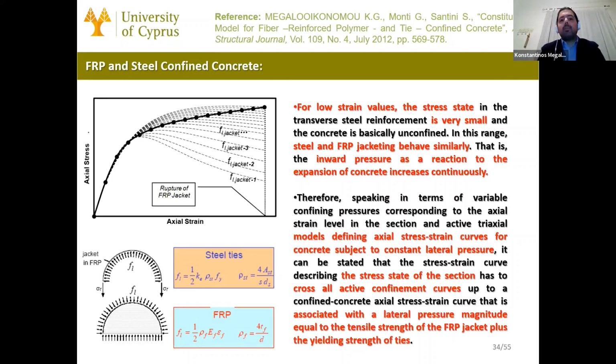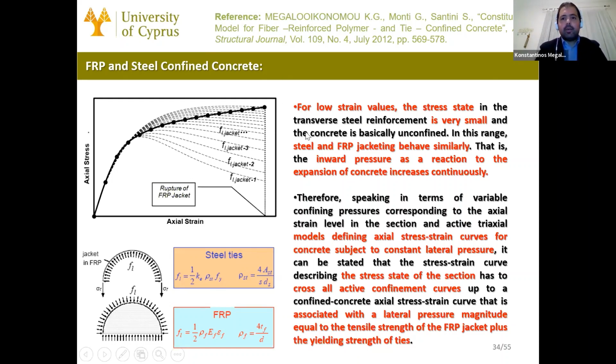In the case of FRP, the stress strain curve describing the stress state of the section has to cross all active confinement curves up to a confined concrete axial stress strain curve that is associated with a lateral pressure magnitude equal to the tensile strength of the FRP jacket plus the yielding strength of ties.